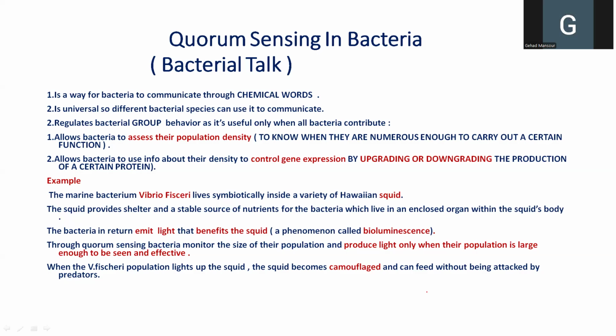As a general rule, living organisms always go through their life processes towards the minimization of the utilization of energy. So quorum sensing will allow the bacteria in the squid to produce light and exert that phenomenon of bioluminescence only when they are numerous enough, so that the squid can be seen and they would be effective.